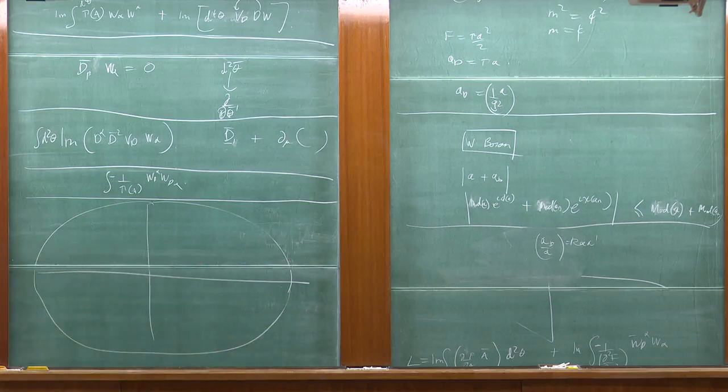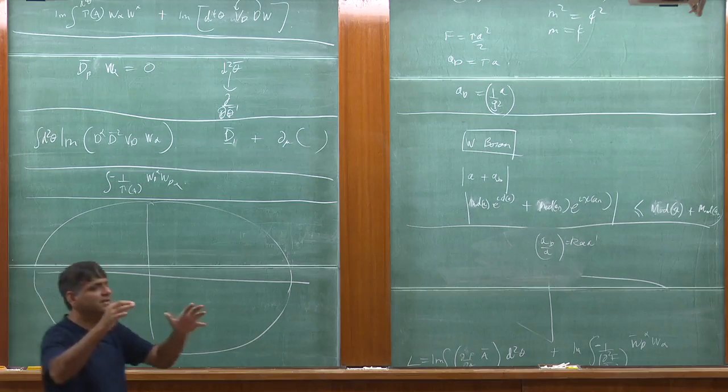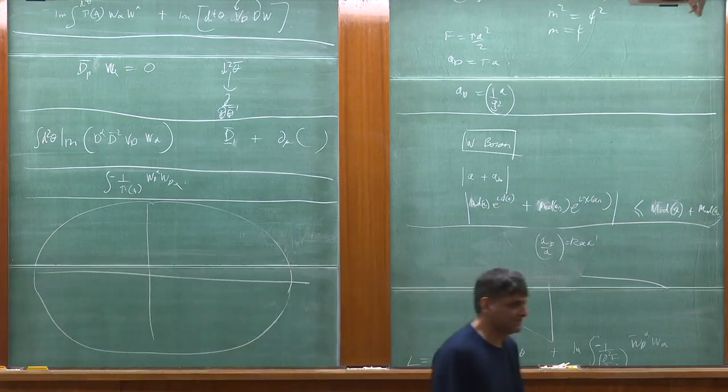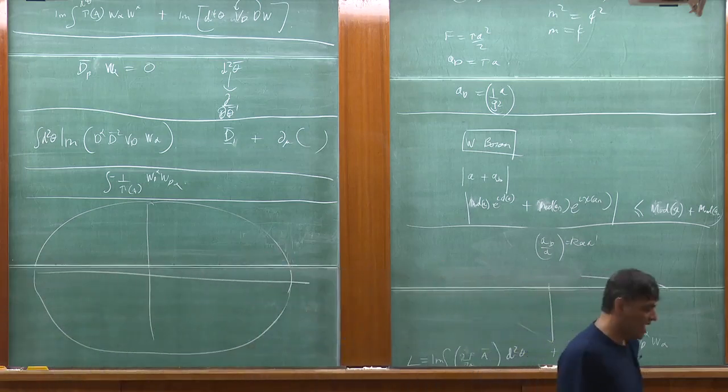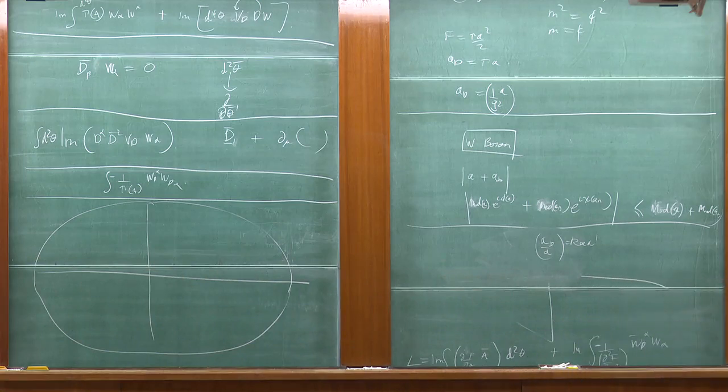Now, let me give you just a 5-minute appetizer for what we're going to do in the next class. We have argued that if we go around some singularity in the U-plane, the theory comes back to itself up to a duality transformation.